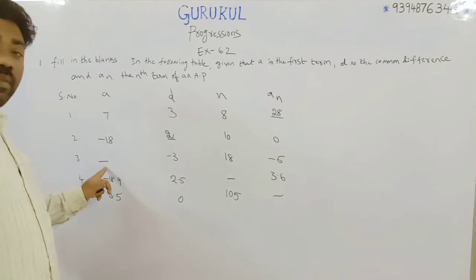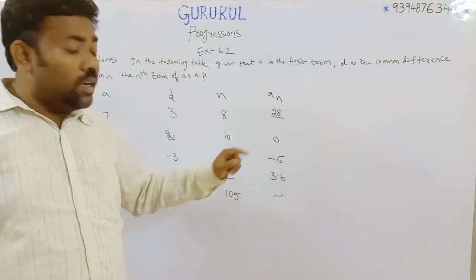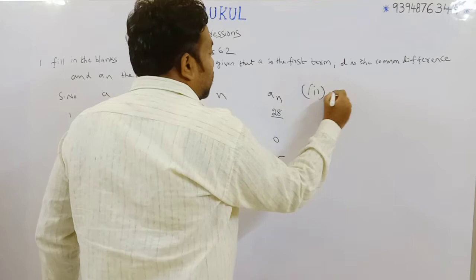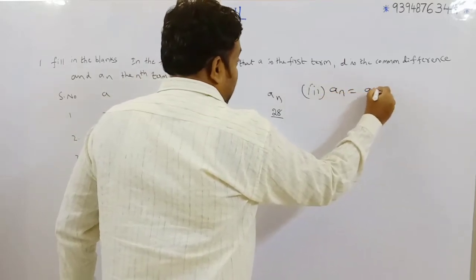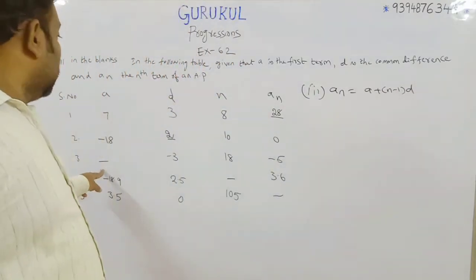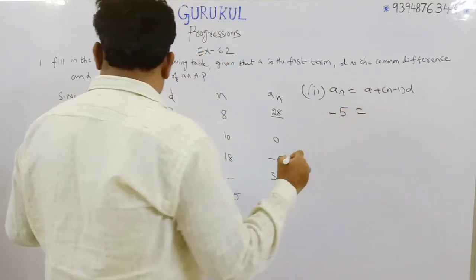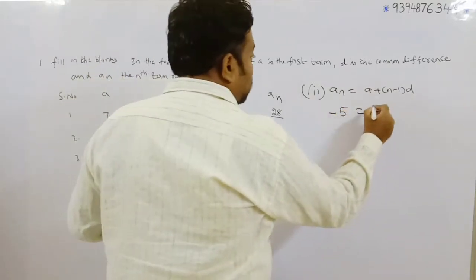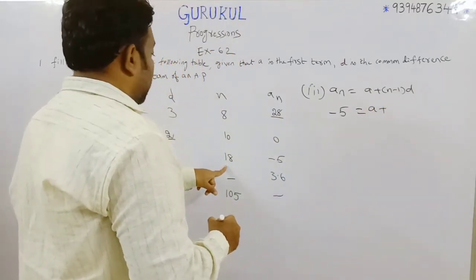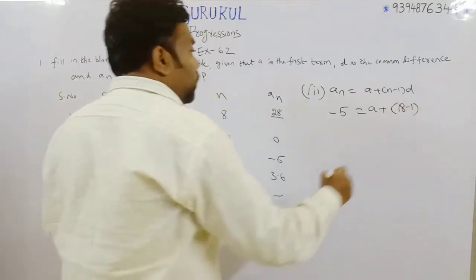Third one. Here find the value of a. Given d value, n value, an value. So nth term of AP, an equal to a plus n minus 1 into d. an is minus 5, a value to find, plus what is the n value? 18, minus 1 into d value minus 3.